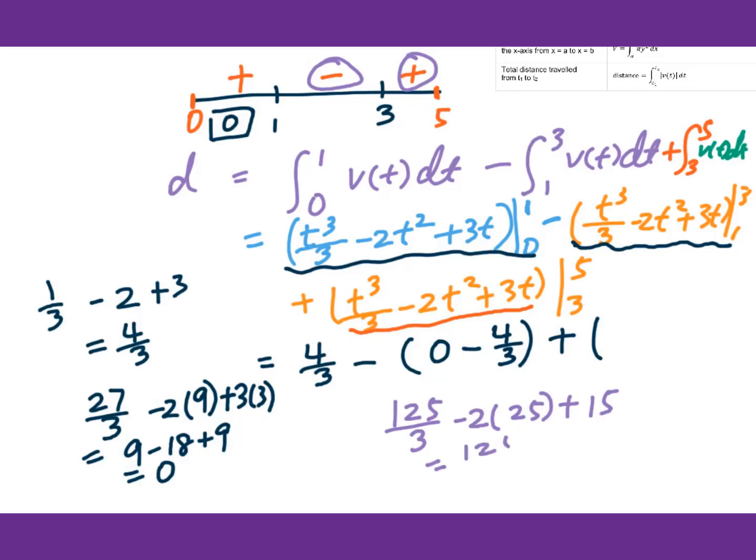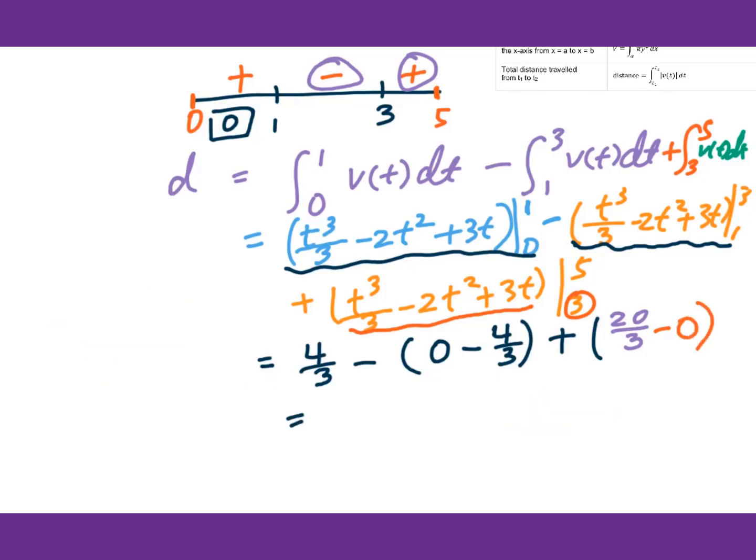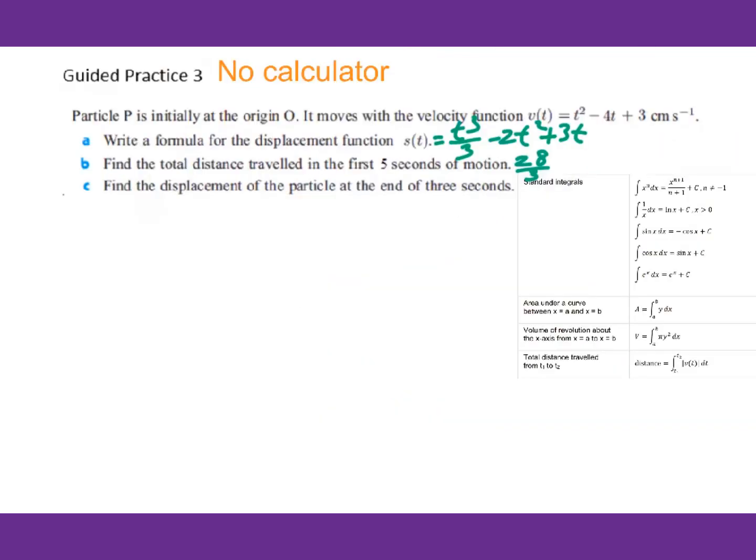So you get 125 over 3 minus 35. You will get 20 over 3. So here's 20 over 3. Then you plug in this 3. We already got 0 here. Then minus 0. We will get 4 over 3 plus 4 over 3 plus 20 over 3. You will get 28 over 3. That's the distance.